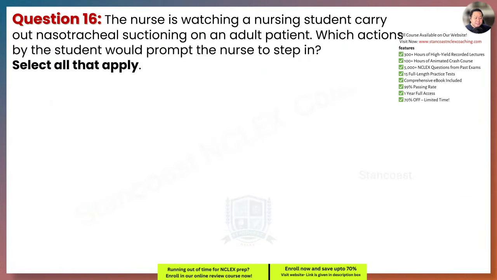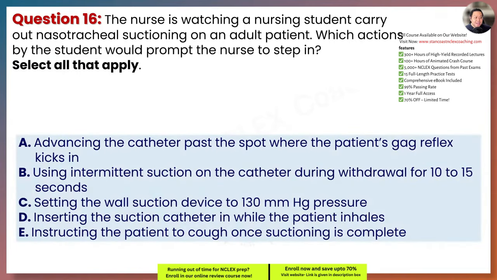Let's have number 16. The nurse is watching a nursing student carry out nasotracheal suctioning on an adult patient. Which actions by the student would prompt the nurse to step in? Select all that apply. Options: A, advancing the catheter past the spot where the patient's gag reflex kicks in. B, using intermittent suction on the catheter during withdrawal for 10 to 15 seconds.